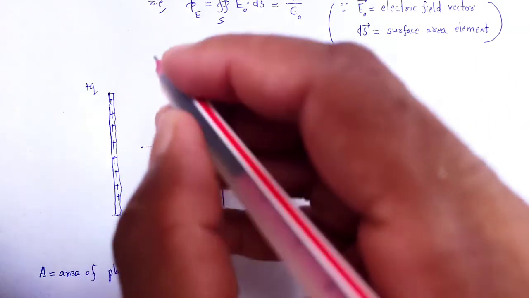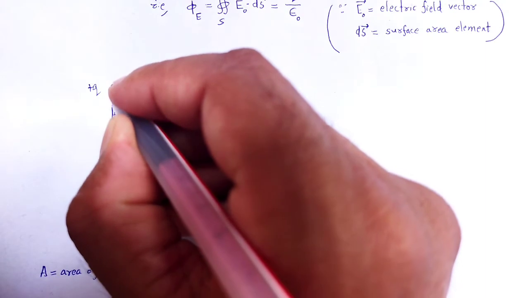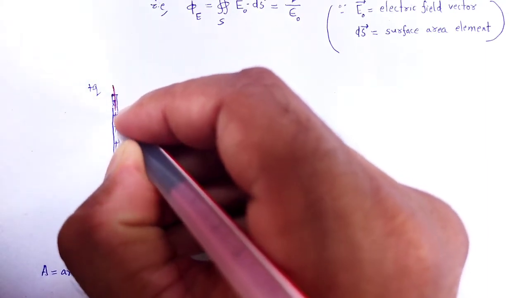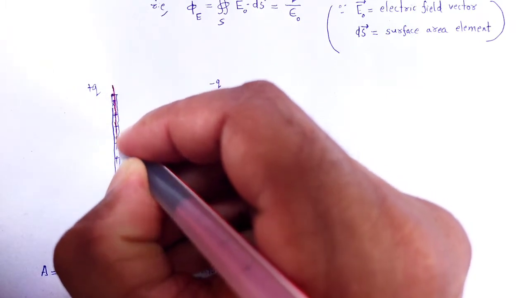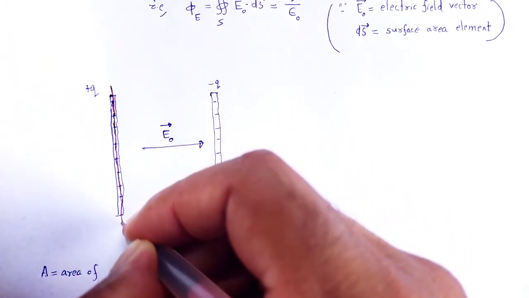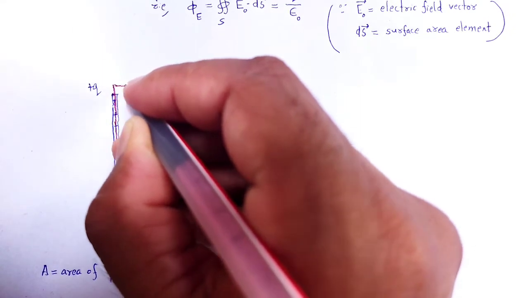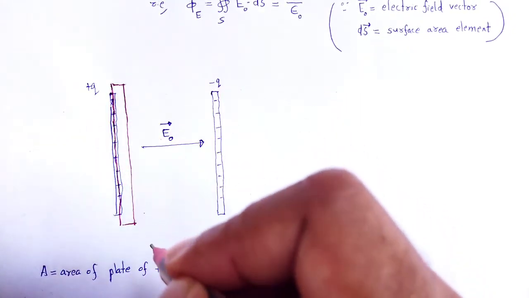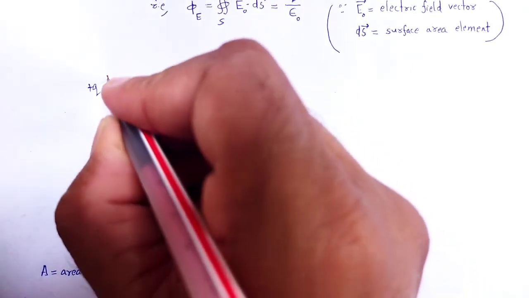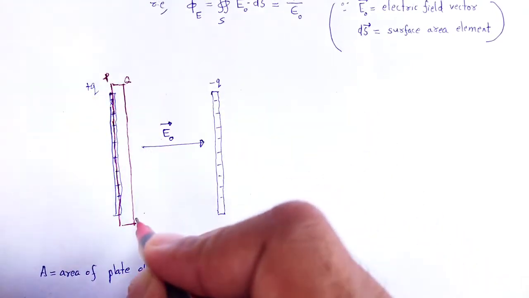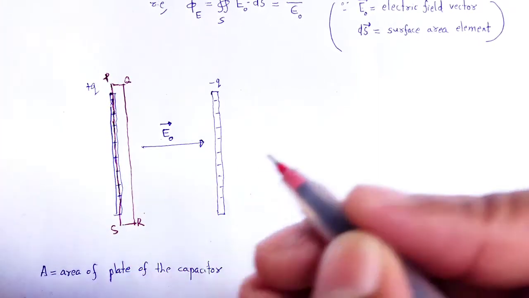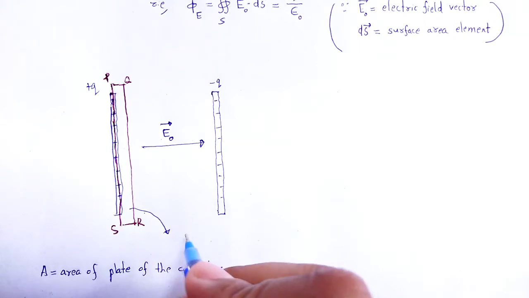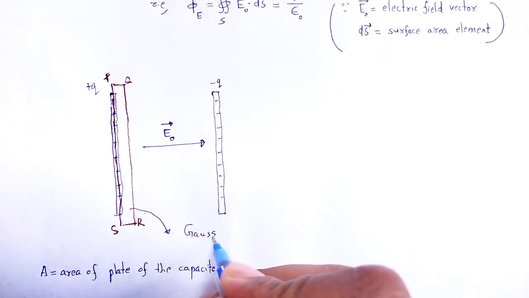Let that one be the Gaussian surface, named PQRS.